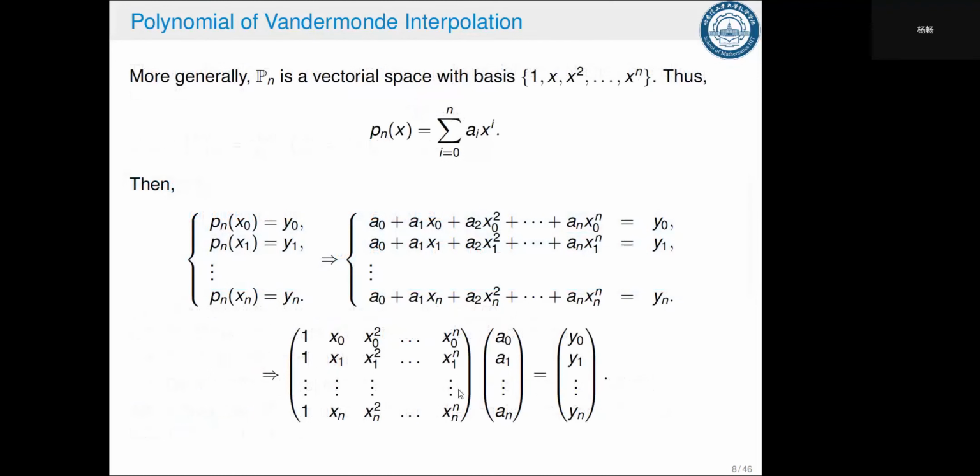So if B is not singular, then we can find the unique solution of the linear system for A0 to AN. That means it really gives us a unique polynomial.